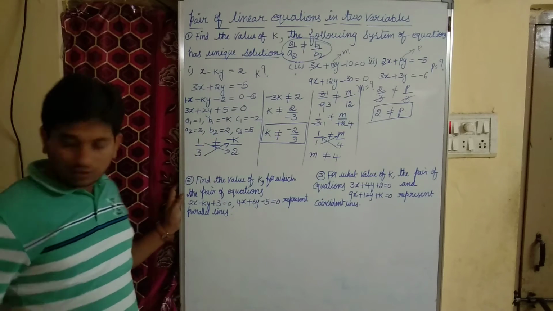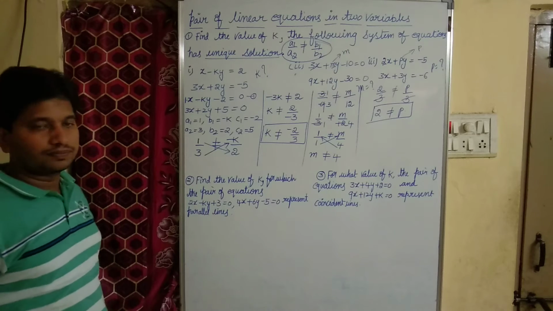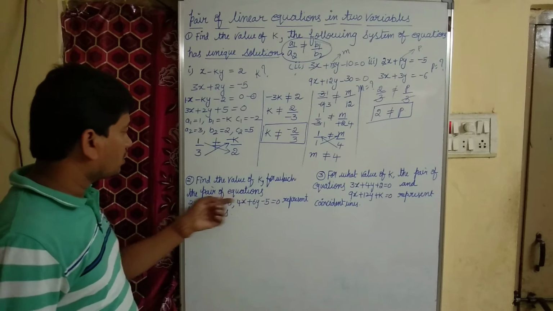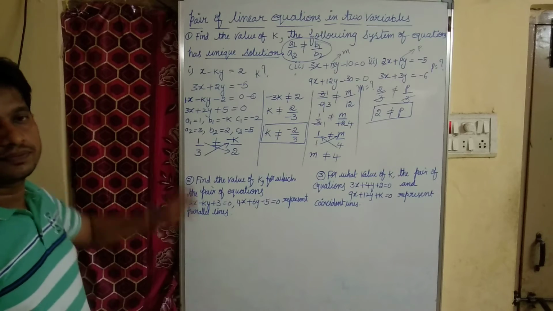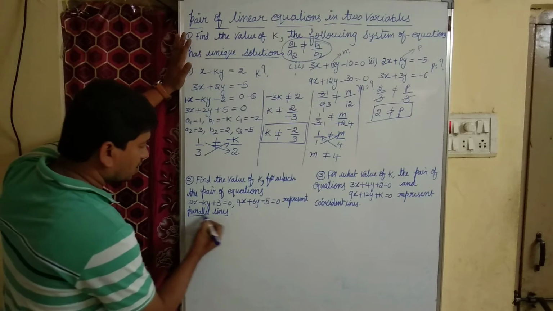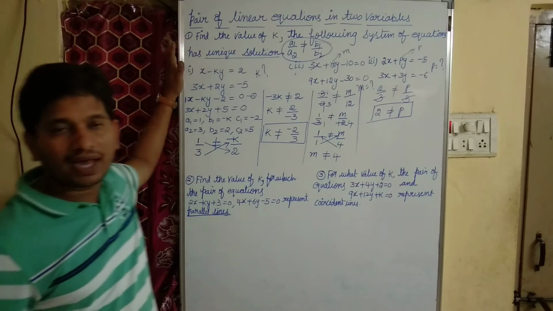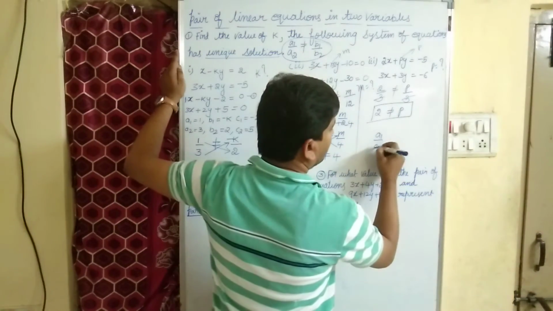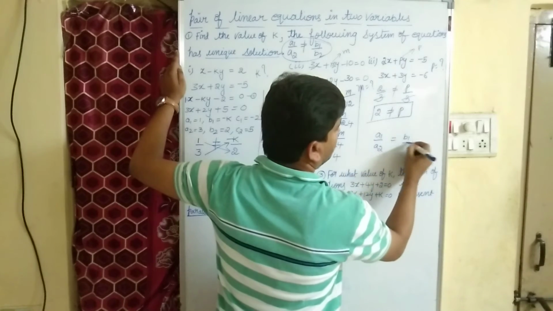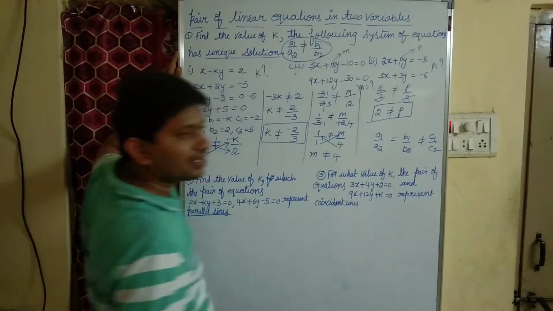Okay. Now coming to second one, find the value of k for which the pair of equations represents parallel lines. Here, what is the condition here? The condition is parallel lines. Do you know what is the condition for parallel lines? The condition for parallel lines is a1 by a2 equal to b1 by b2 is not equal to c1 by c2.